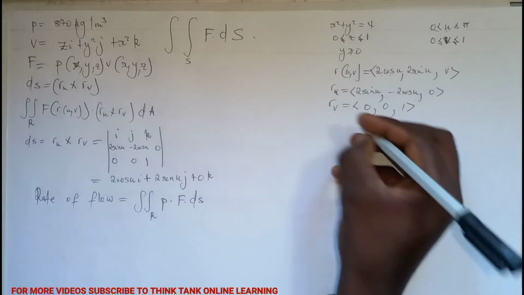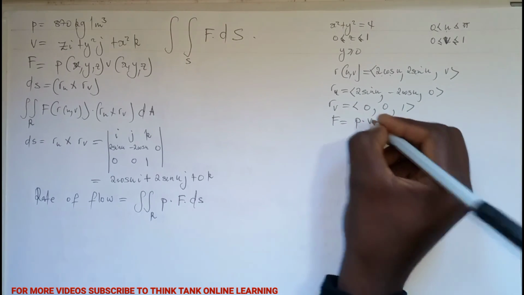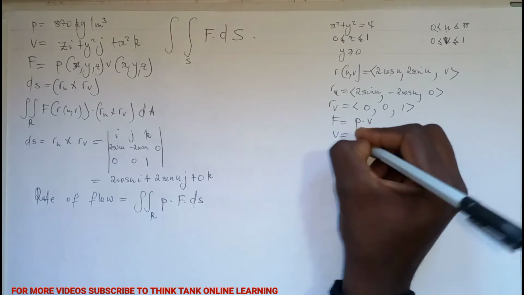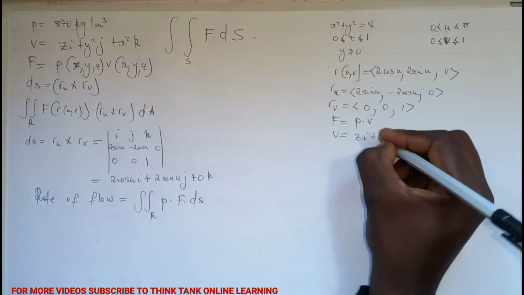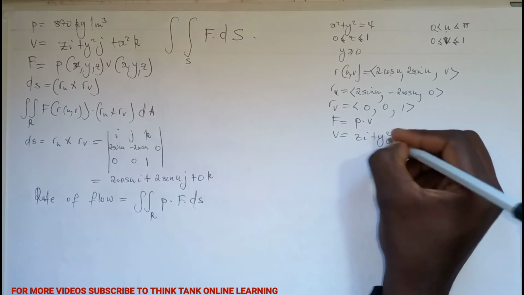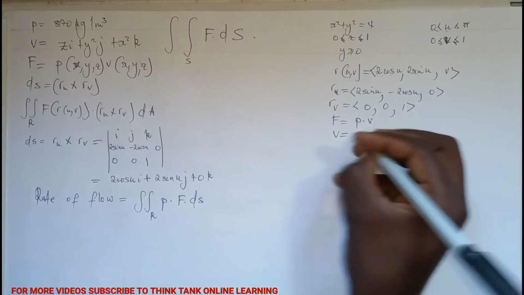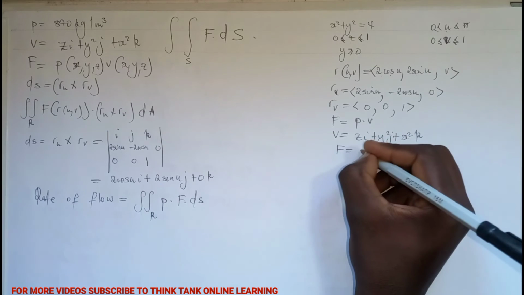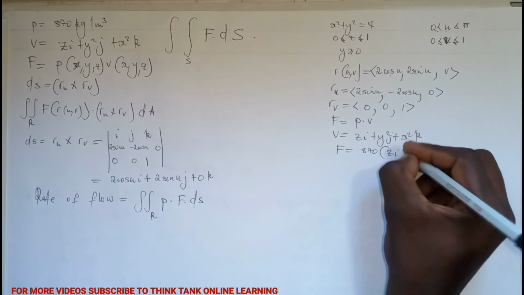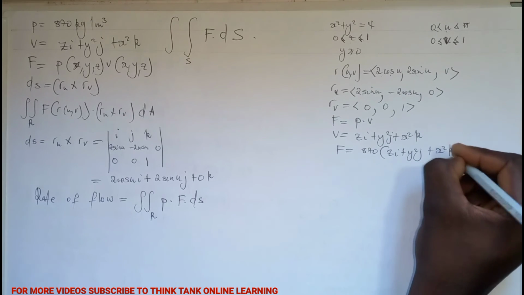So F is equal to density times velocity. You know that the velocity is z i plus y squared j plus x squared k. So that means F is equal to 870 times z i plus y squared j plus x squared k.